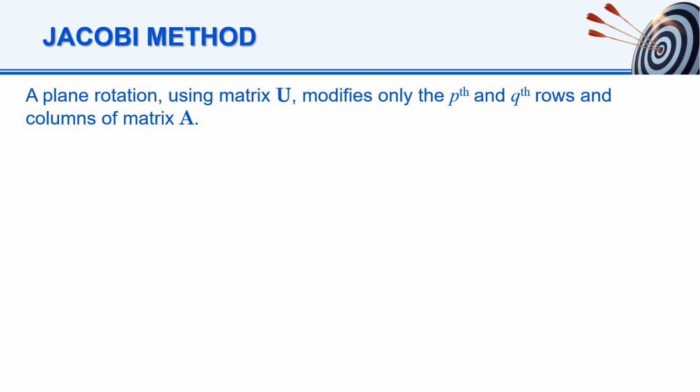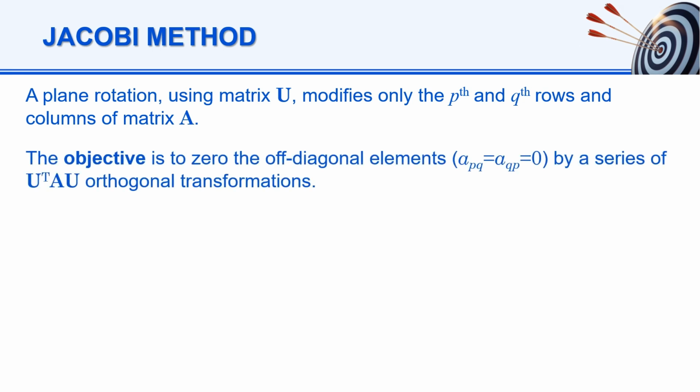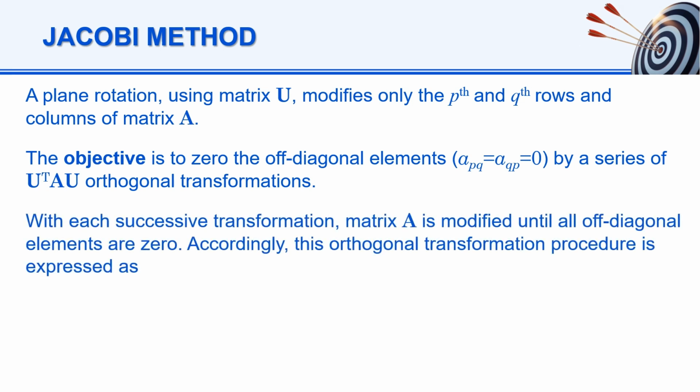A plane rotation, using matrix U, modifies only the pth and qth rows and columns of matrix A. The objective is to zero the off-diagonal elements, i.e., make APQ and AQP 0 by a series of transpose U AU orthogonal transformations. With each successive transformation, matrix A is modified until all off-diagonal elements are 0.